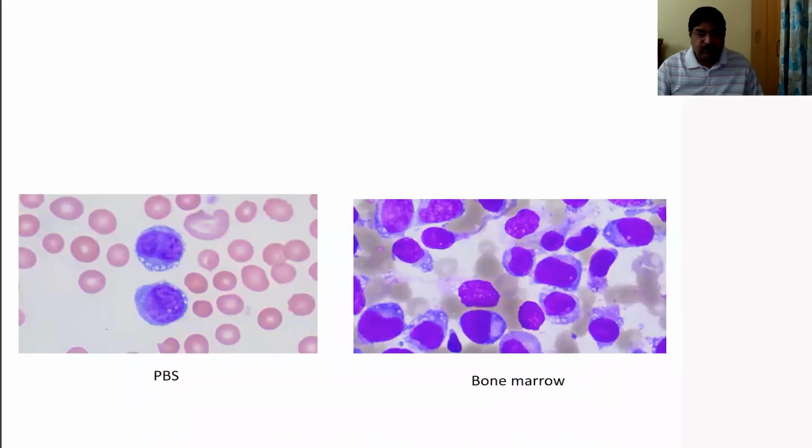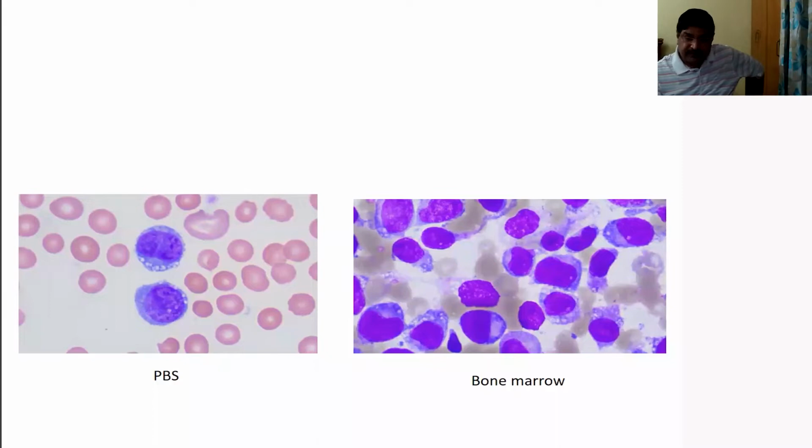So if you look at this slide, you can find some intermediate sized blasts with moderately abundant deep blue cytoplasm. And you can see distinct vacuolations in the cytoplasm and some in the nucleus. The same thing, if you see in the bone marrow, you can find many of them having the same morphology as you saw in the peripheral blood. So this will give you an indication that it could be the L3 type of lymphoblast, or in current terminology, Burkitt's leukemia lymphoma.